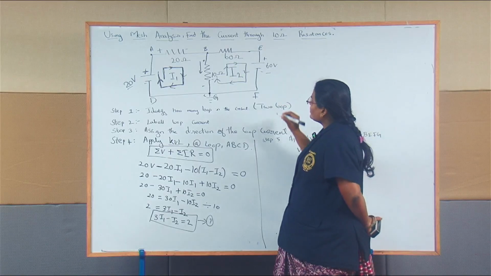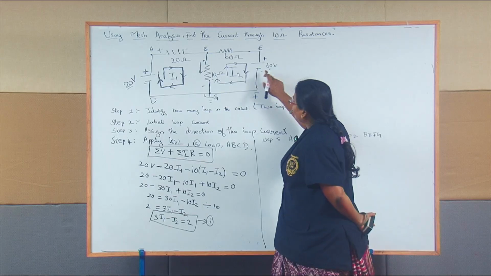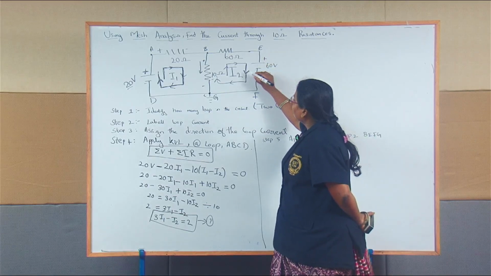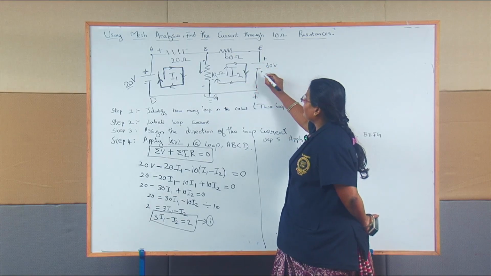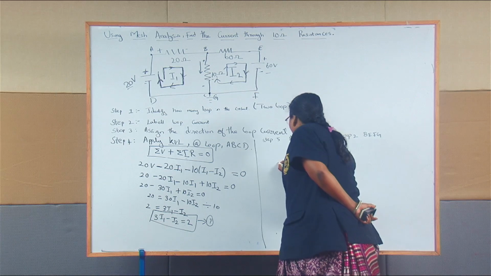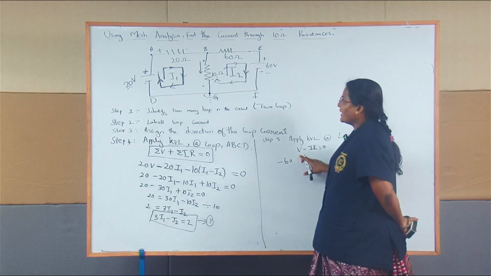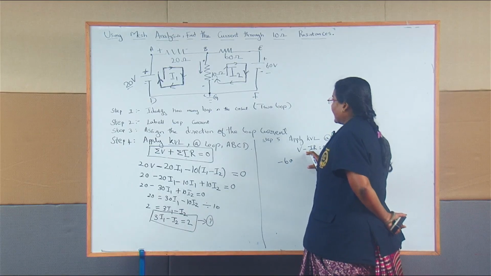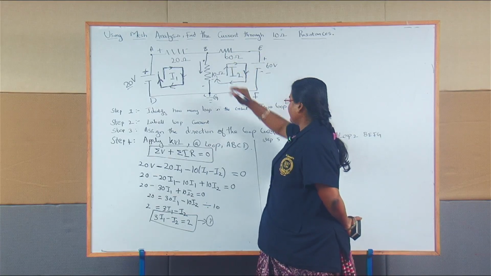Once you write the source voltage, you have to check the assigned direction against the actual terminal in the source. Here the arrowhead ends at minus, negative, so you have to write minus 60 volts as your supplied voltage, minus IR. This is your branch resistance.